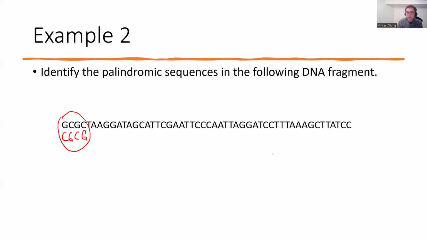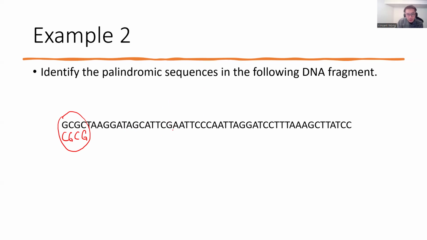Vincent, so if we want to do this kind of question, does that mean we have to write the complementary part first before we can solve it? You can, but not necessarily. For example, I'm looking for letters that are repeating themselves.